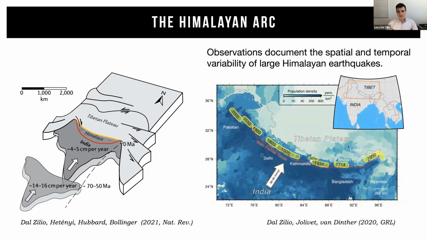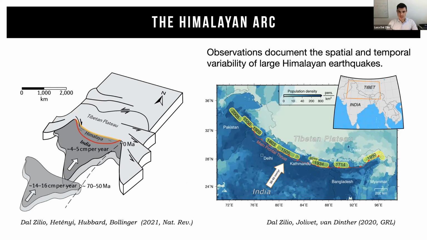In fact, if you look at the historical seismicity distributed across the arc, we have a catalog of moderate to very large events with magnitudes higher than 8, and other events, partial and complete ruptures, of magnitude 7 up to more than 8. This region poses a significant seismic hazard, also because it's located in a region where the population density is significantly high.